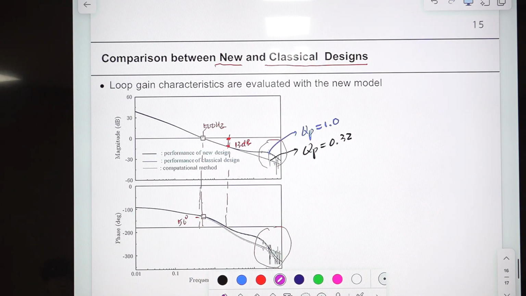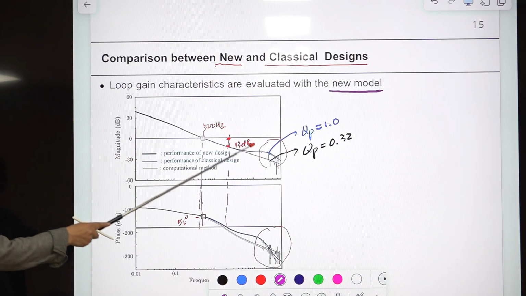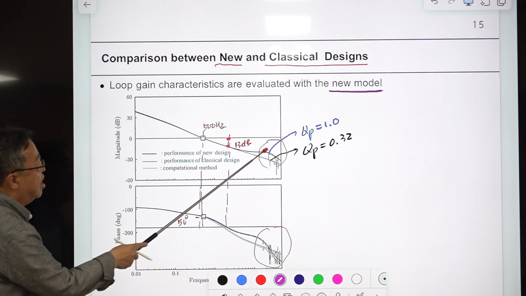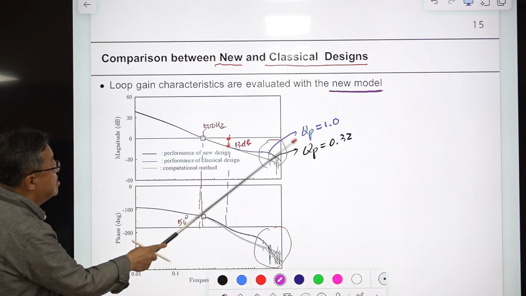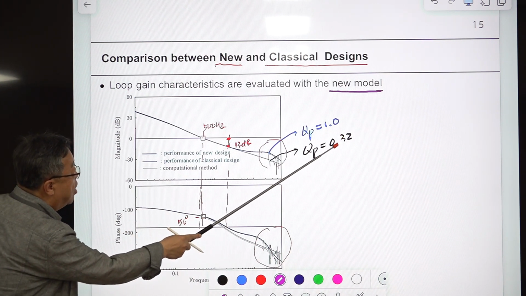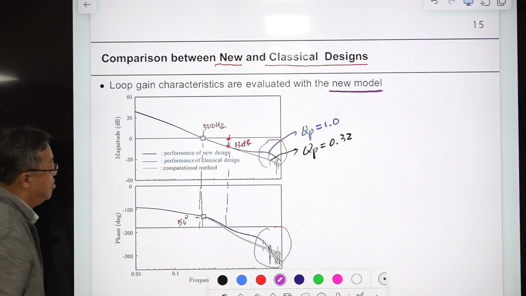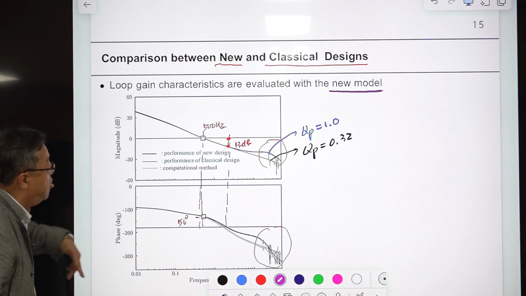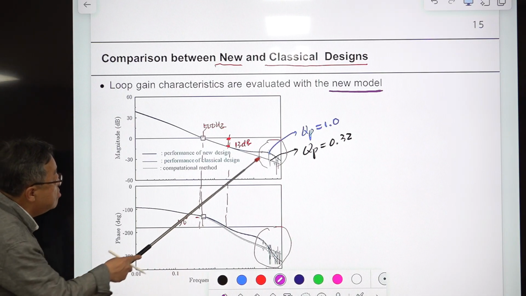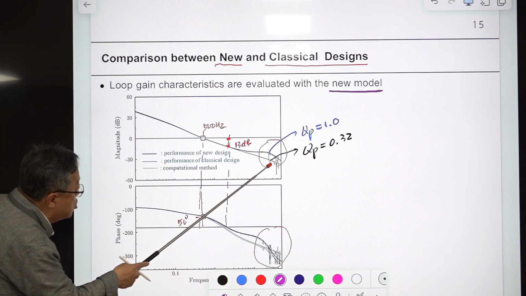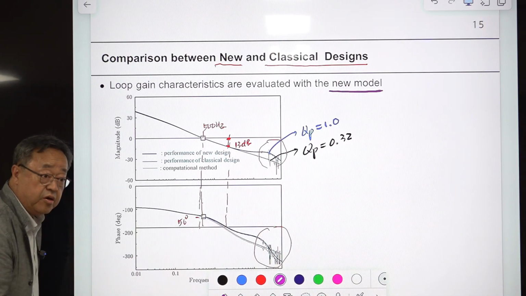And this is a comparison of the new design and classical design with the new model. The new design QP is 1, so it has some peaking. And in the classical design QP was this one, so no peaking, and I overplot with the computational method or experimental result, so they match here, here, here, here, right?